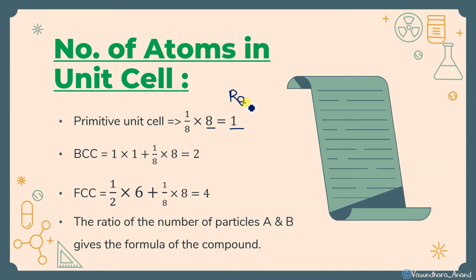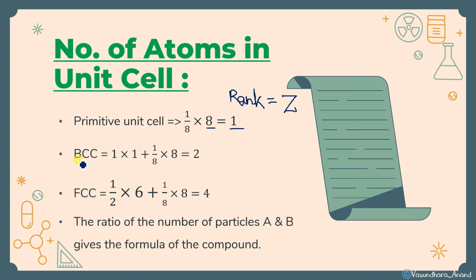Somewhere you can see it, ये rank से भी समझे जाते हैं, okay? And that is represented as Z. So the number of atoms in a unit cell is known as rank, and that is represented by Z. So for the primitive unit cell, 8 corners each with contribution 1 by 8, so it will be 1.